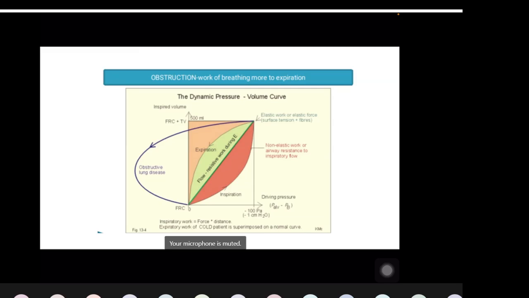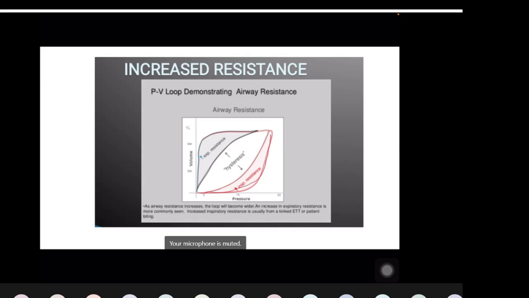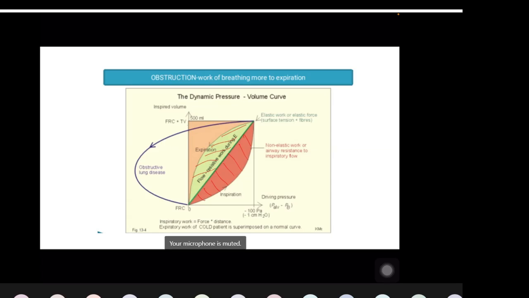the area under this portion, up to this portion, is constituted by the inspiratory resistance, and this portion is produced by the expiratory resistance. So any condition that increases the inspiratory resistance shifts the hysteresis towards this side, and any condition that increases the expiratory resistance shifts the curve to this side, and the remaining portion is formed by the elastic property, that is compliance.